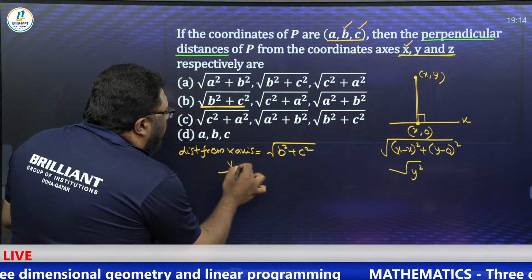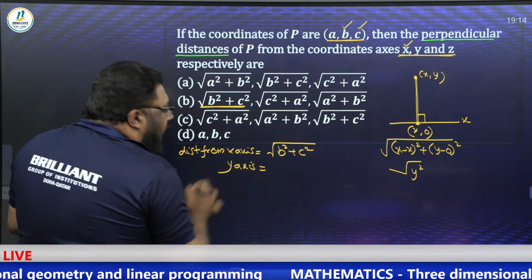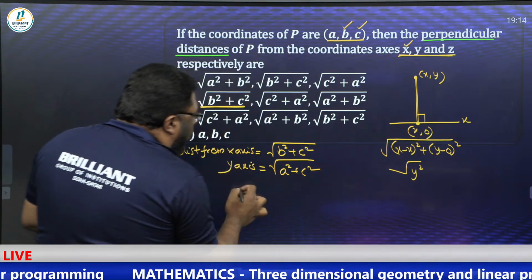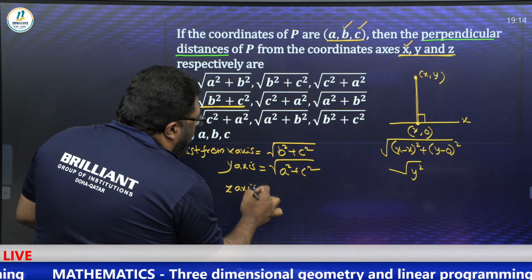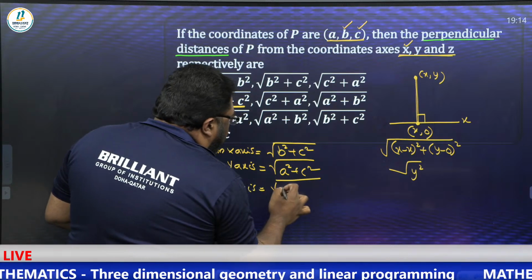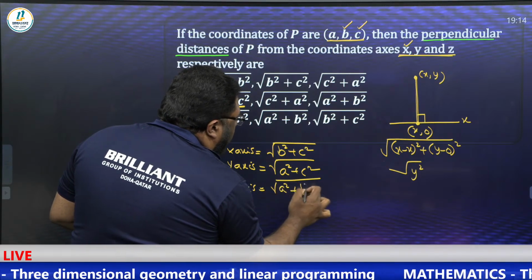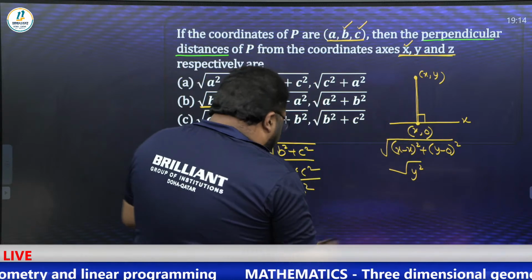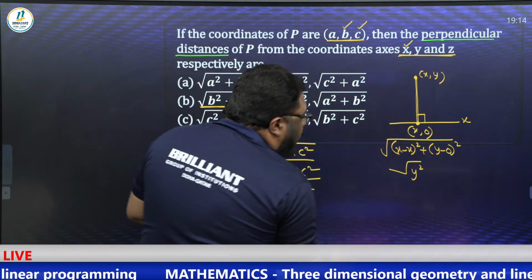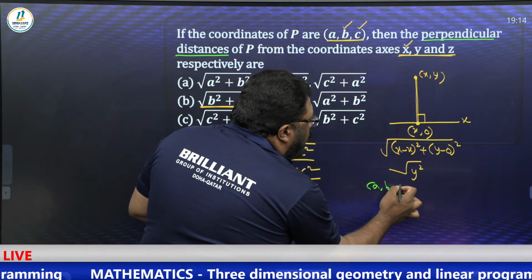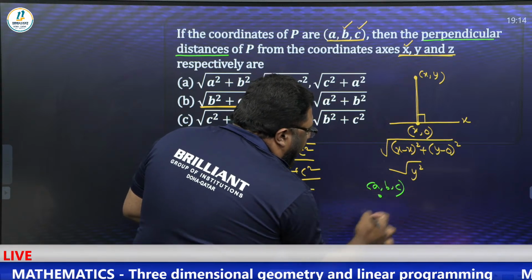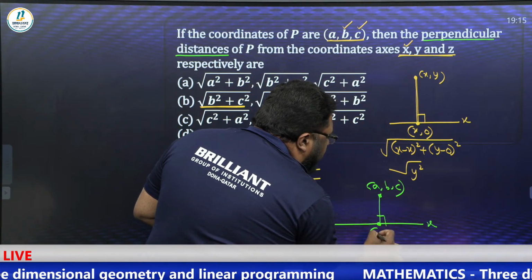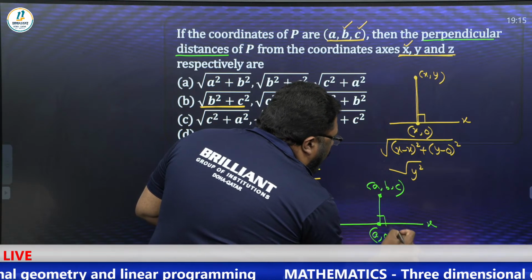Okay, so distance from y-axis will be square root of A squared plus C squared and distance from z-axis will be square root of A squared plus B squared. So just keep this logic in mind. So when the same concept comes in 3D geometry, what will be the idea? You're trying to measure the distance of A, B, C from x-axis. So the point on x-axis will be a, 0, 0.